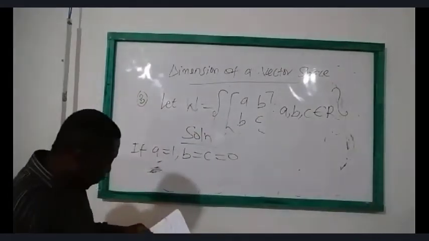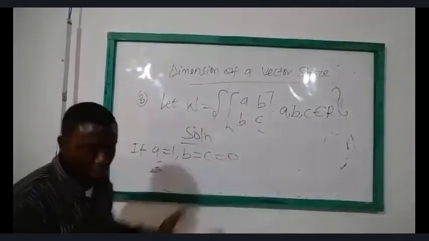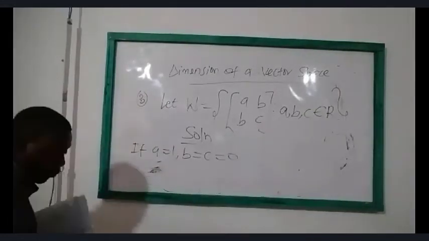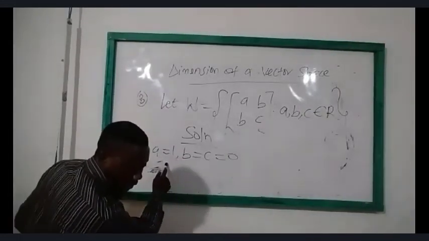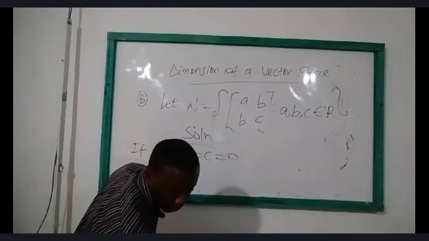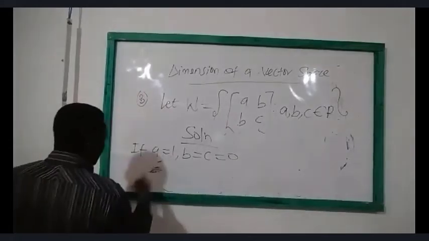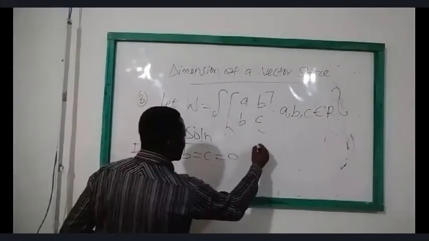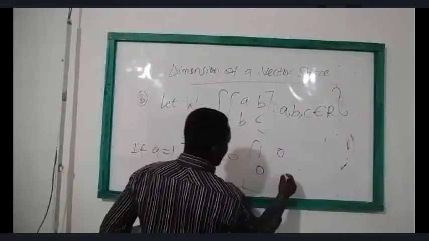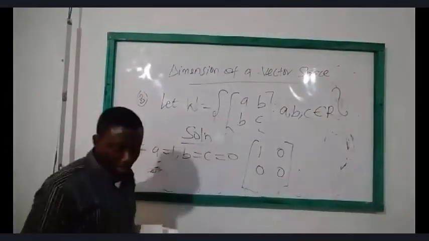So we are going to form a set of matrices with this definition. Let's look at how we can form a matrix when A is 1. You can see that we can form the matrix 1, 0, 0, 0.